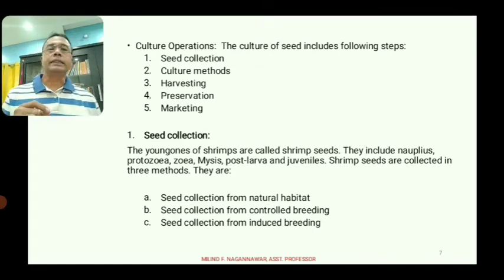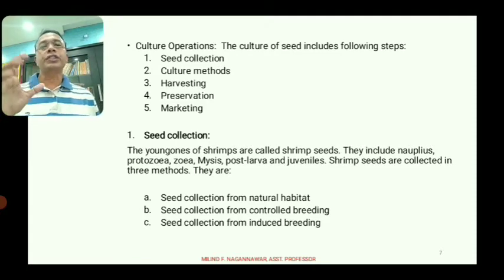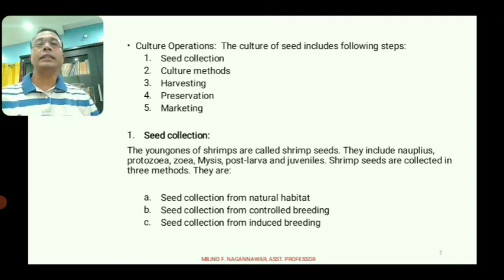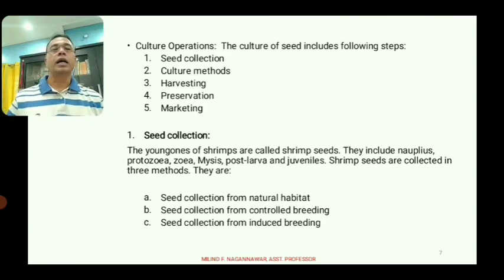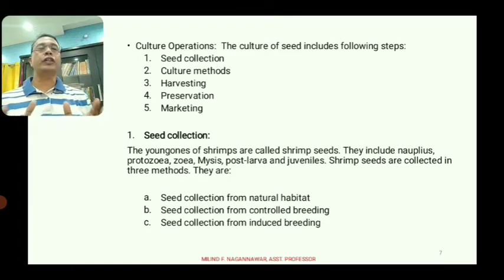What are these seeds? The youngest ones of the shrimps are called seeds. They include Nauplius, Protozoa, Zoea, Mysis, post larva and juveniles. As soon as the eggs are hatched, the first stage is the Nauplius.